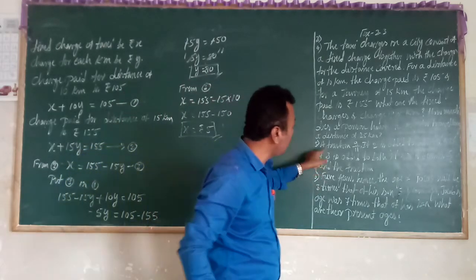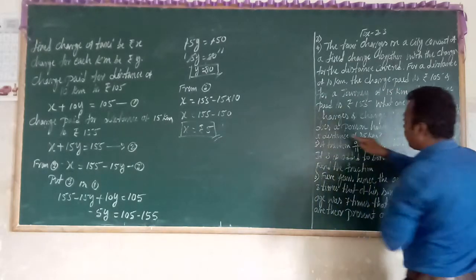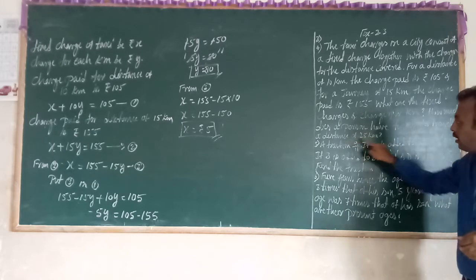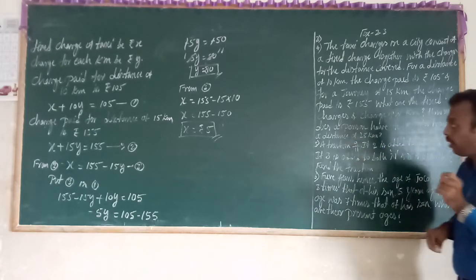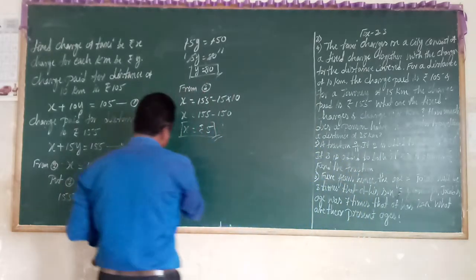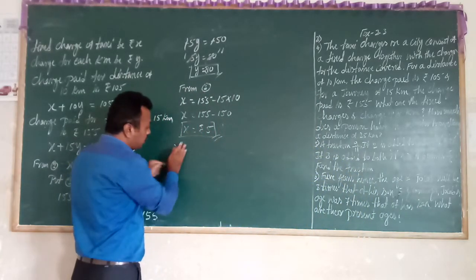And also, how much does a person have to pay for traveling a distance of 25 kilometers? If you are traveling 25 kilometers, how much money does he have to pay? See, the fixed charge is x.